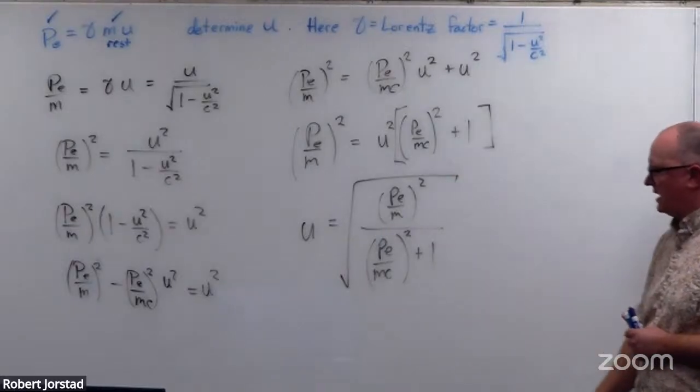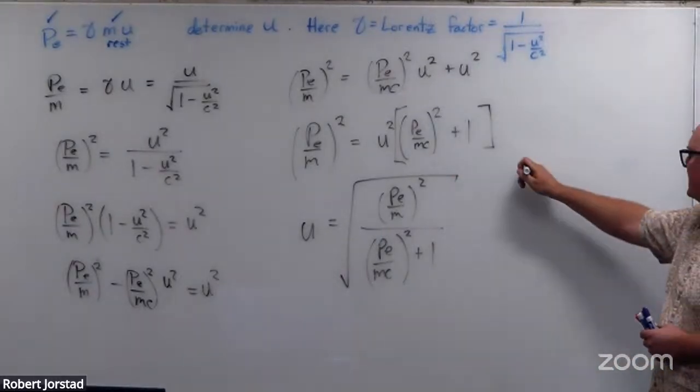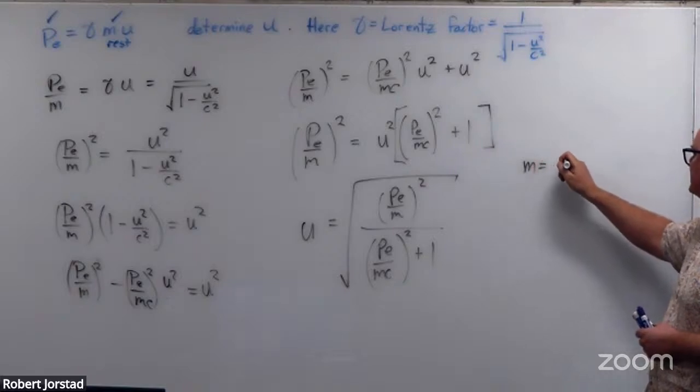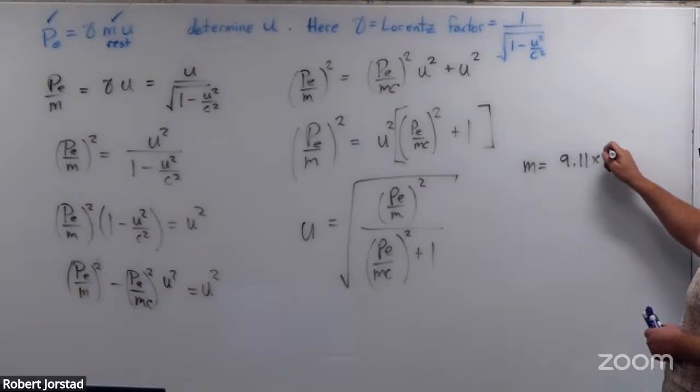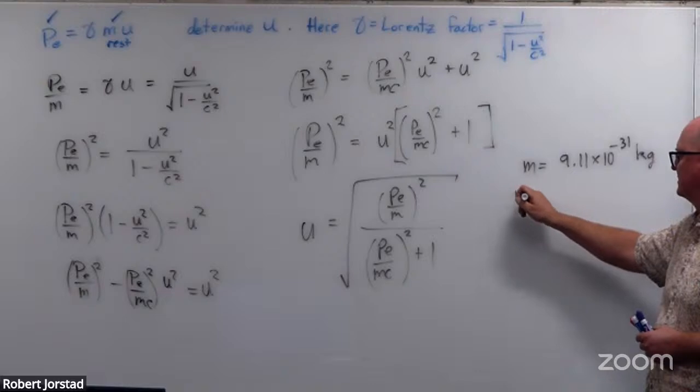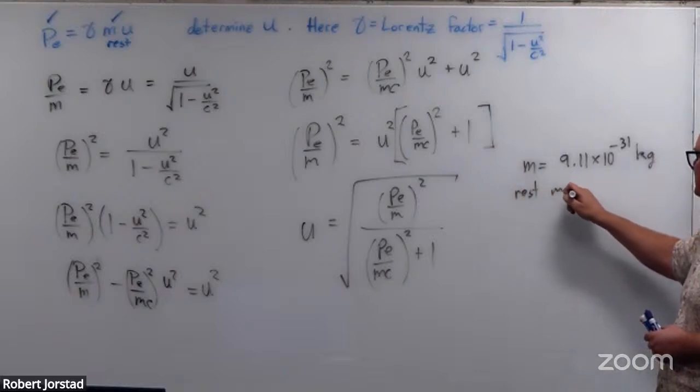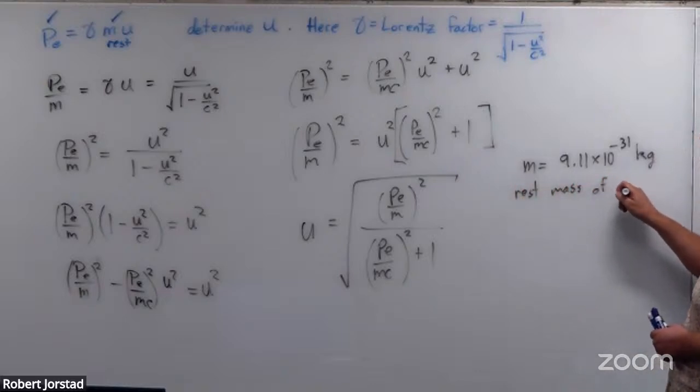Now, in this case, remember that M was 9.11 times 10 to the negative 31 kilograms. That's the rest mass of an electron.